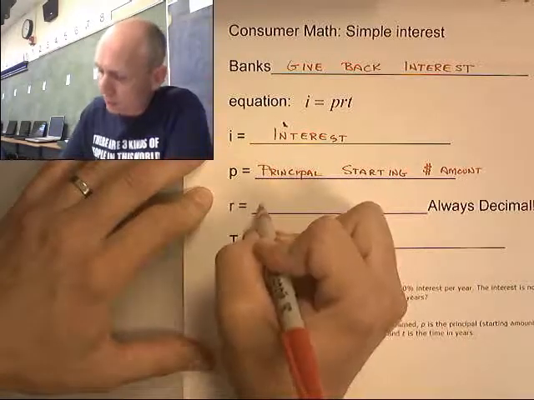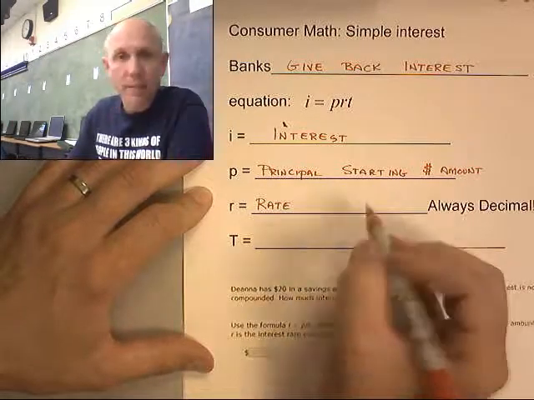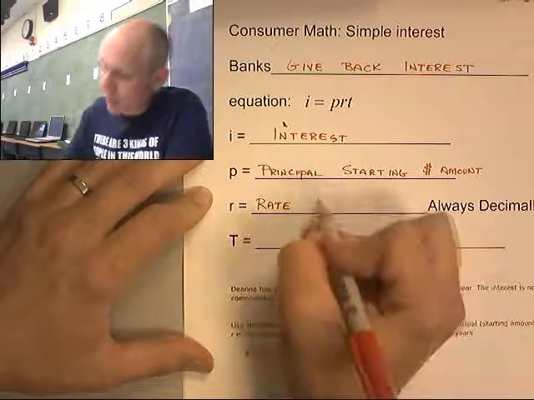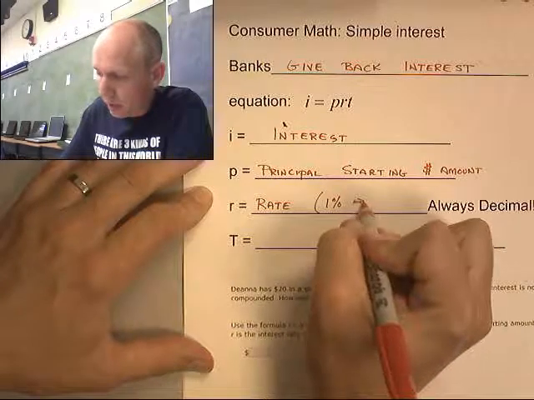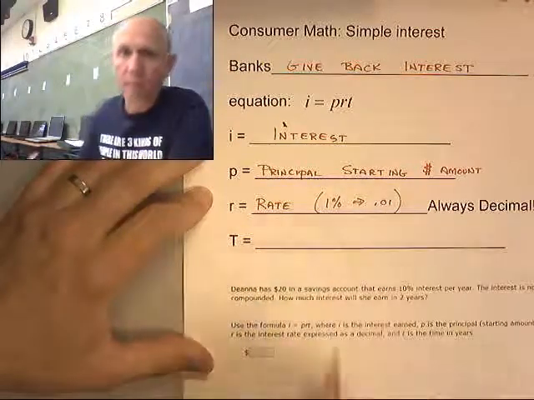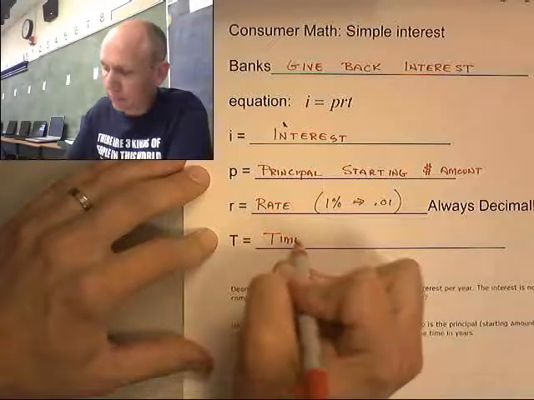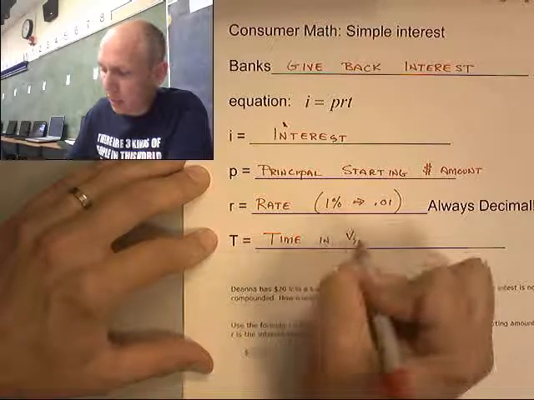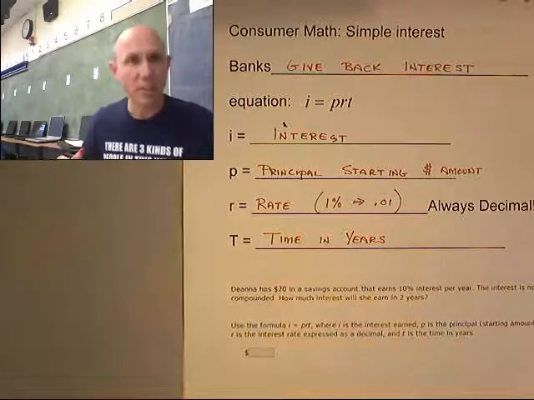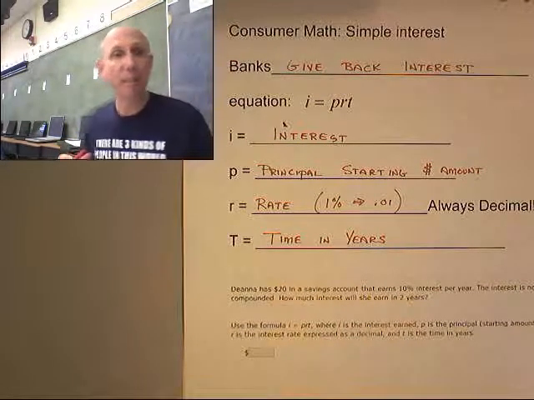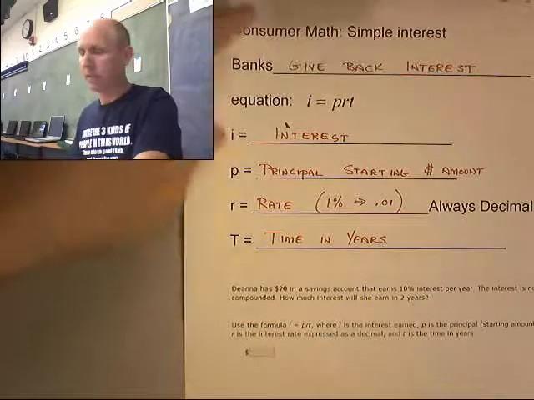R is the interest rate. That's a percentage, but it's always in decimal. So something like 1% would be 0.01. And T stands for time in years. We put all these numbers together and we get the interest that a bank would be giving whoever put their money in the bank, the depositor.